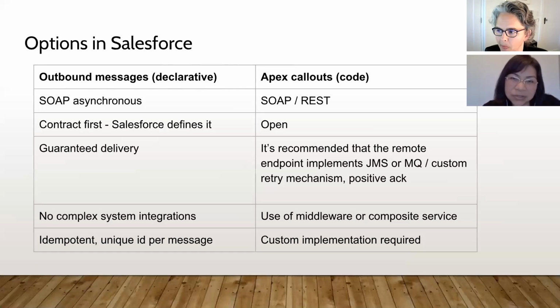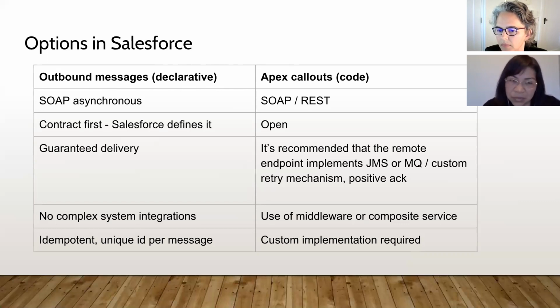With Apex callouts, it is basically how we define and how we code the solution. We can use SOAP or REST. The contract is open. We can define it, or the remote system can define it. It really doesn't matter because we are going to code the solution. Salesforce recommends that the remote endpoint implement some queuing mechanism like JMS or MQ, because with code, we have to implement the retry manually.